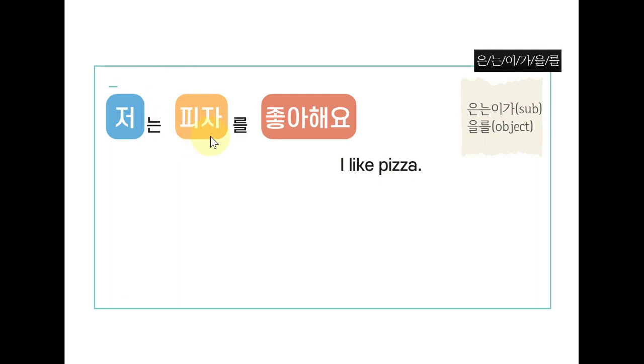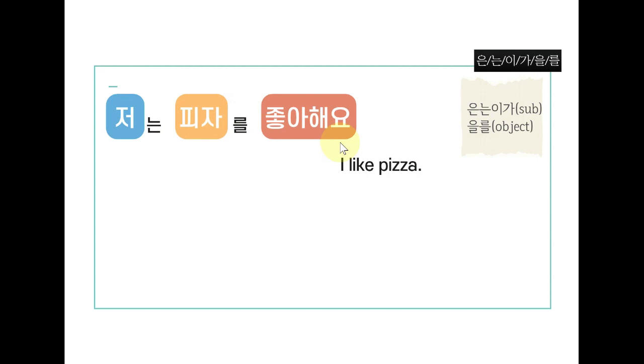That's why I should say 저는 피자를 좋아해요. I use 는 because 저 is a subject and I use 를 because pizza is an object. 저는 피자를 좋아해요.